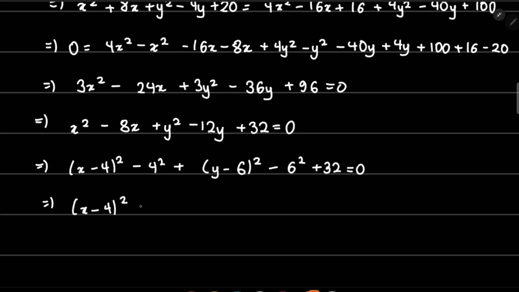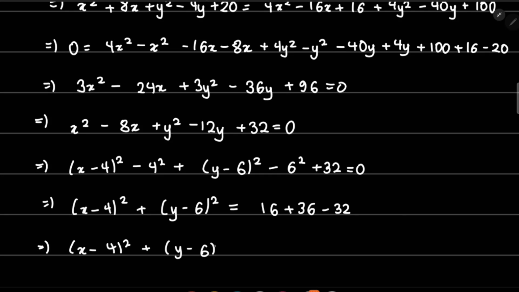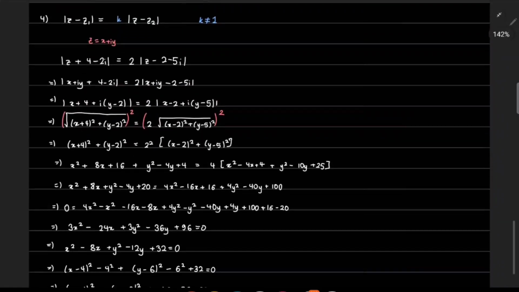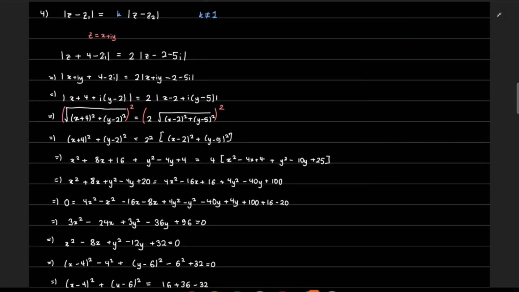So we get (x - 4) squared plus (y - 6) whole squared equal to 4 squared plus 6 squared minus 32, which is 20. So this is a circle with a center of 4, 6 and radius of root 20. So we just showed how this will be a circle, and this will be the case for any k other than 1.